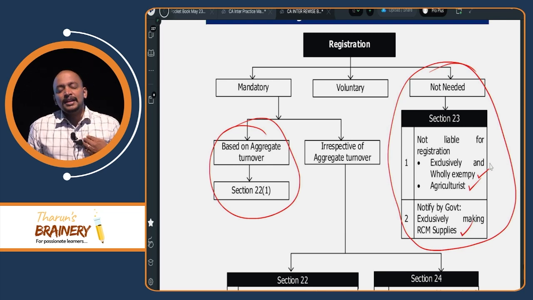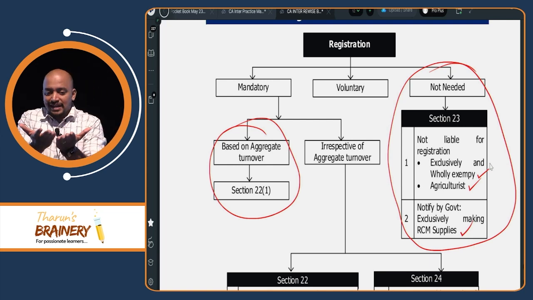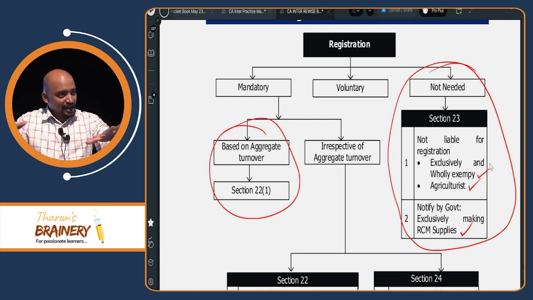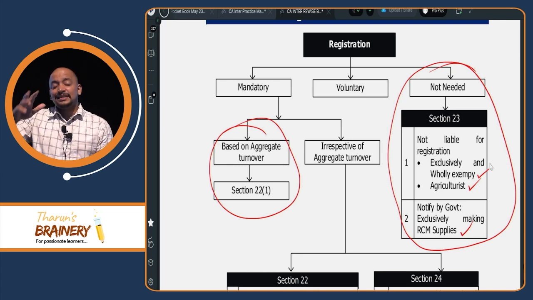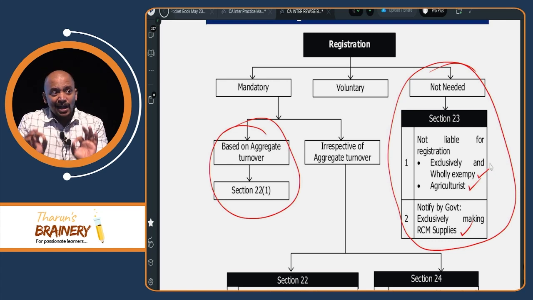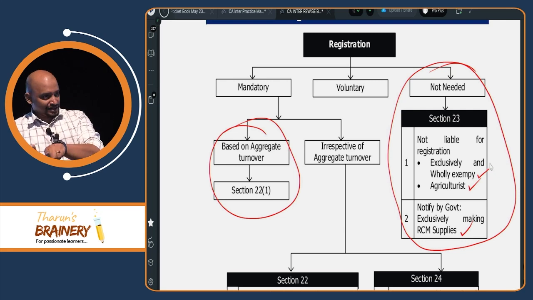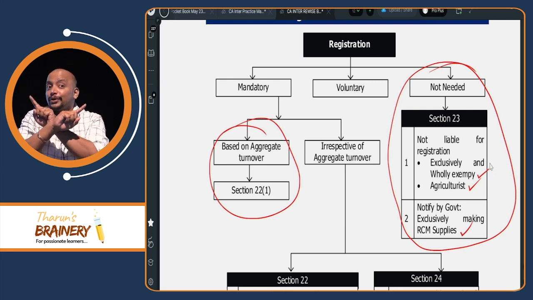But in Kerala, a lot of people are dependent on sale of that natural rubber. They will have a rubber plantation. In that plantation, they will collect the natural rubber from the trees and make rubber sheets. They will rotate and make a rubber sheet, and that they will be selling. So therefore, they are engaged only out of cultivation of land. So even though that rubber is taxable, they are not required to get registered.